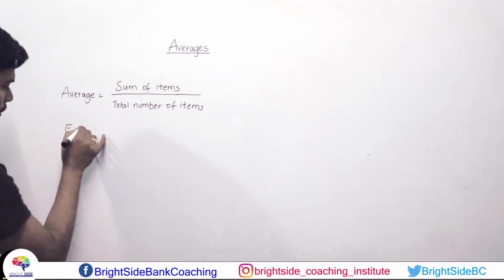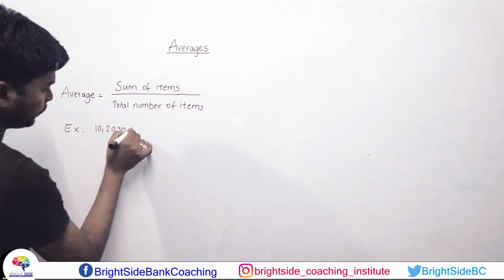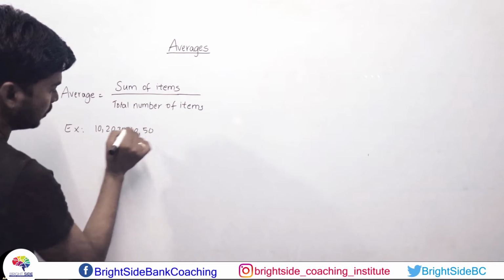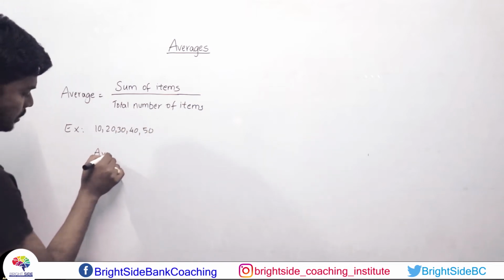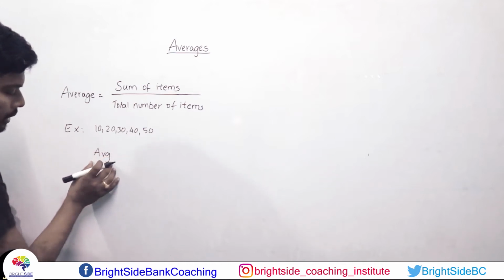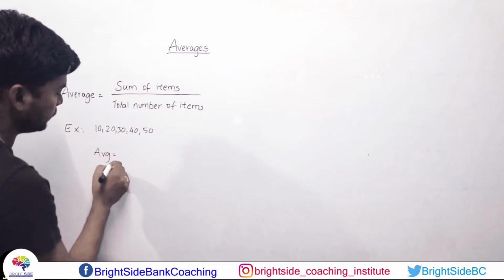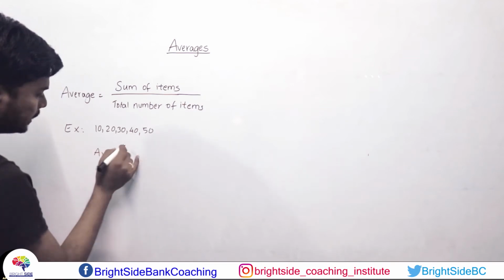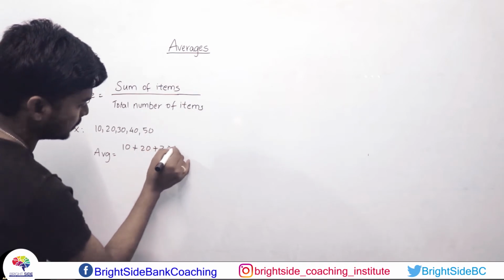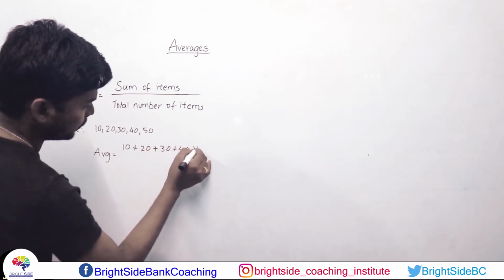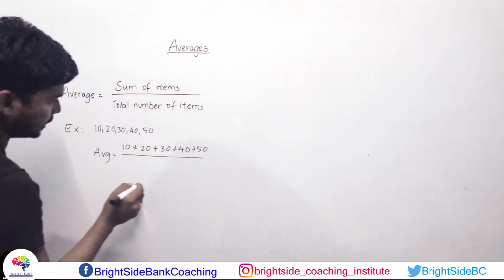So for example, if I have 10, 20, 30, 40, 50, what is the average of this? Average can also be written as AVG. Okay, this is a short form of average. So average will be the sum of the items, right? So 10 plus 20 plus 30 plus 40 plus 50, that is the sum, by the total number of items.